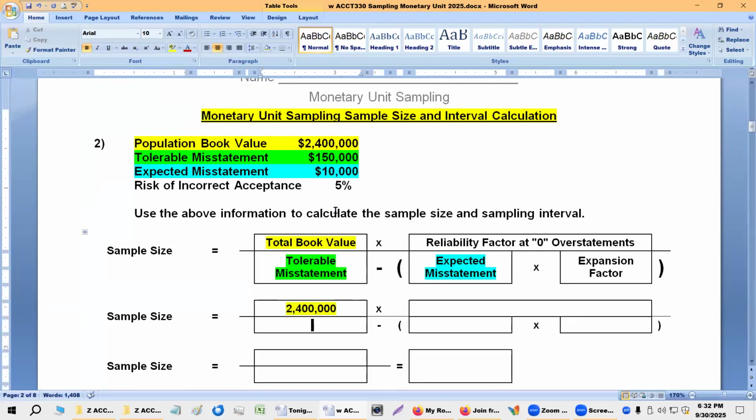Our tolerable misstatement is 150. And our expected misstatement is 10,000.